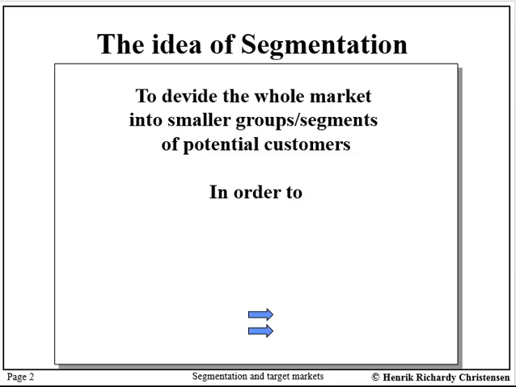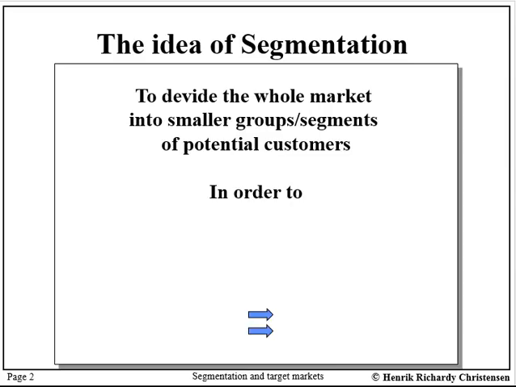We would like to be able to address our customers in the best possible way, and therefore it makes sense to divide that whole market into smaller groups or segments that could be divided by males and females, for example, or by age groups.